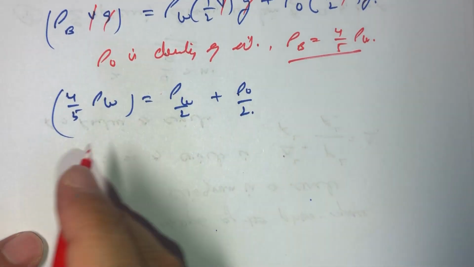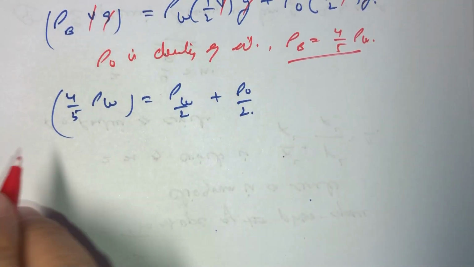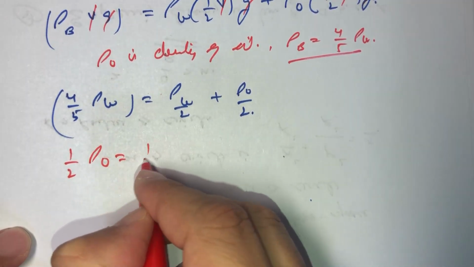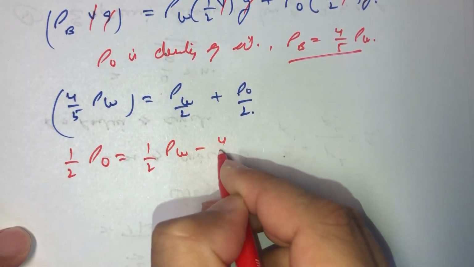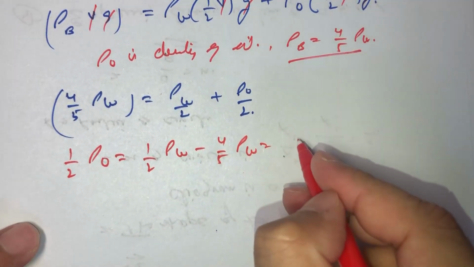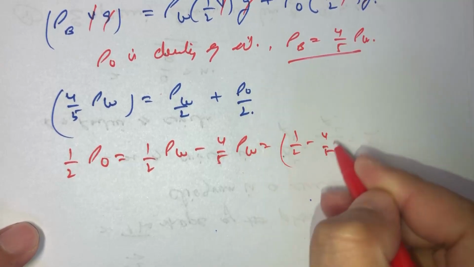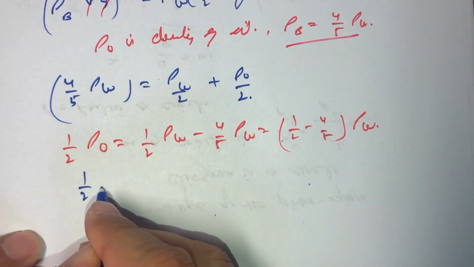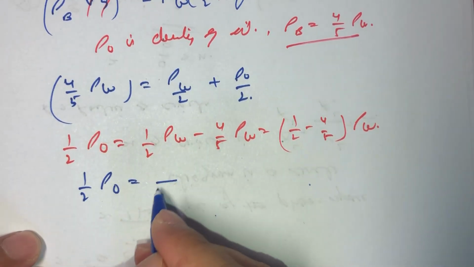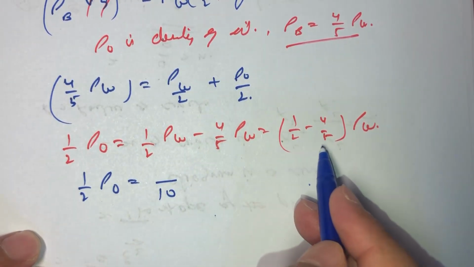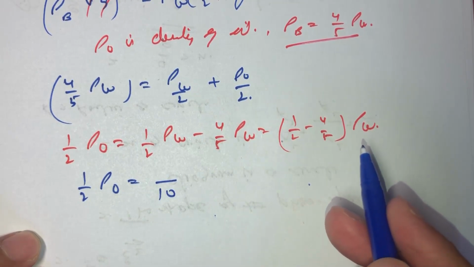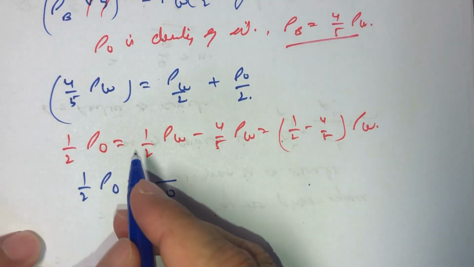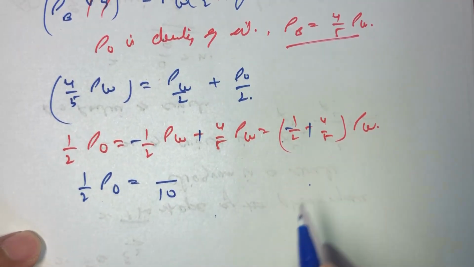So now it is simple. Adjusting the equation, we get half rho o will be equal to half rho w minus 4 by 5 rho w. So this is (1 by 2 minus 4 by 5) rho w, and we get half rho o. Sorry, I wrote minus and plus, my mistake.